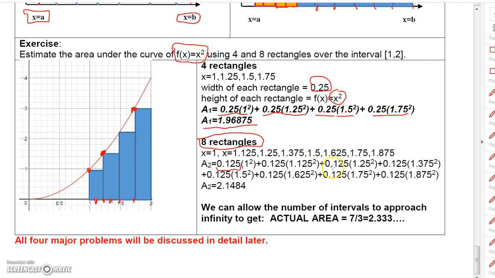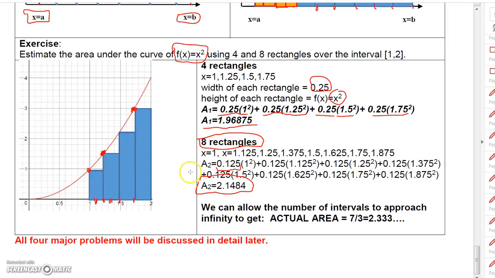The third rectangle, 0.125 times its height, which would be 1.25 squared, and so forth. Each of these calculations gives me the area of a rectangle, and then I grabbed a calculator and added them up, and I got the area to be a little over 2.1484 to 4 decimal places.